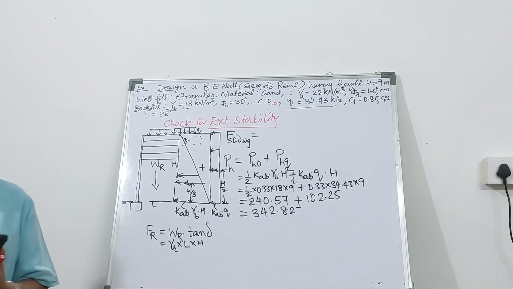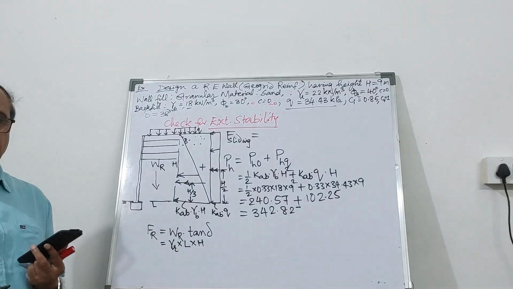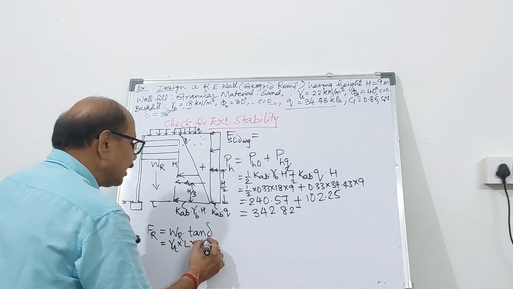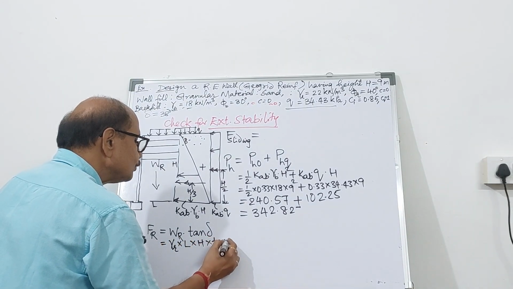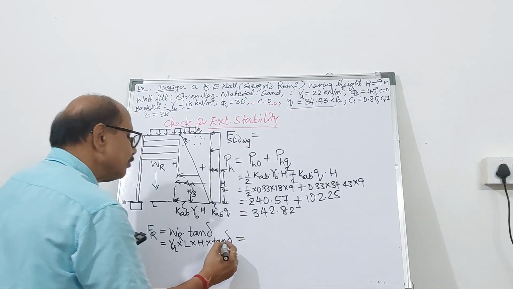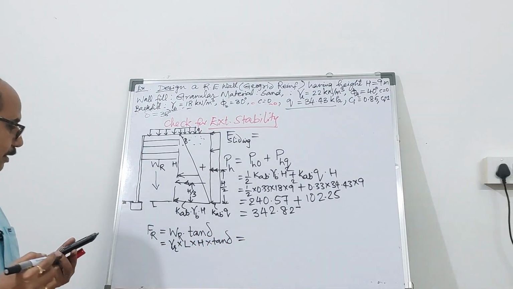So substitute all the values. Delta is 38.